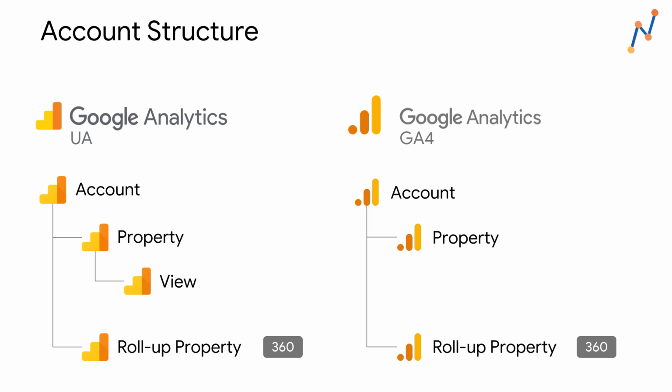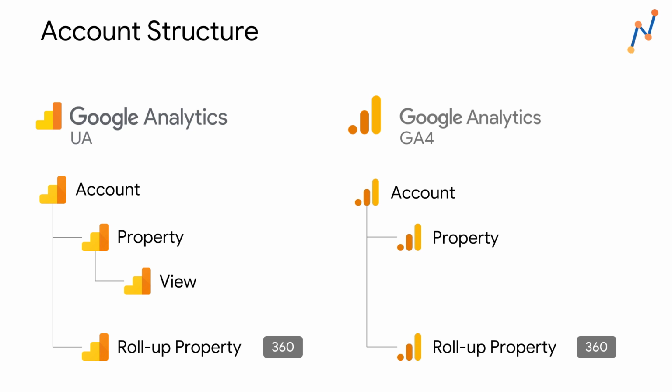This property's purpose is to contain data from two or more properties and therefore to consolidate the data. One thing regarding this to also keep in mind is that the use of roll-up properties will cause additional costs for data. If you are not familiar with the approach of roll-up properties or how to work around this when you're not a 360 customer, simply contact us at e-CENS and we'll show you the how and the why.